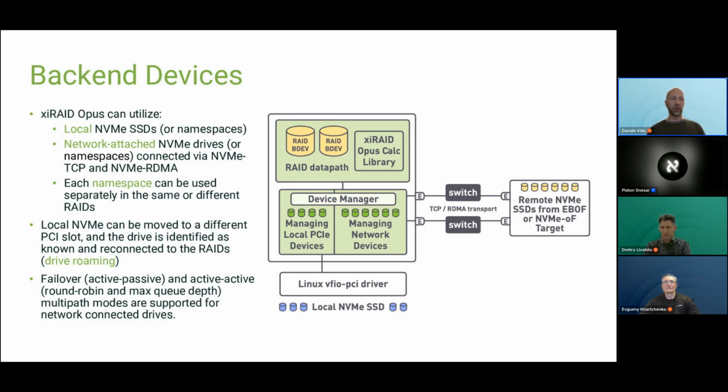We also support drive roaming, so you can move drives from a physical slot to another slot, and the engine will still recognize and assign the proper RAID group. And also in multipath mode for network attached drives, we support multipath in failover and active-active.